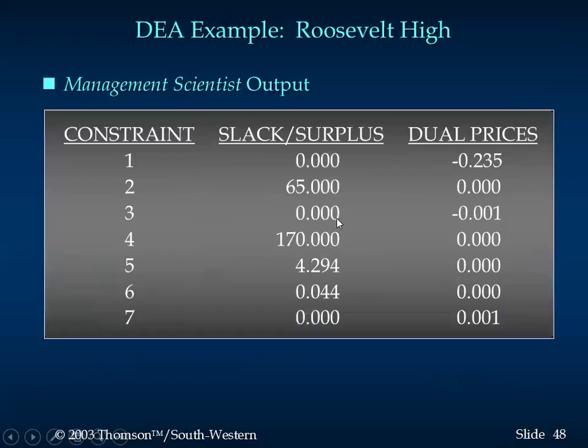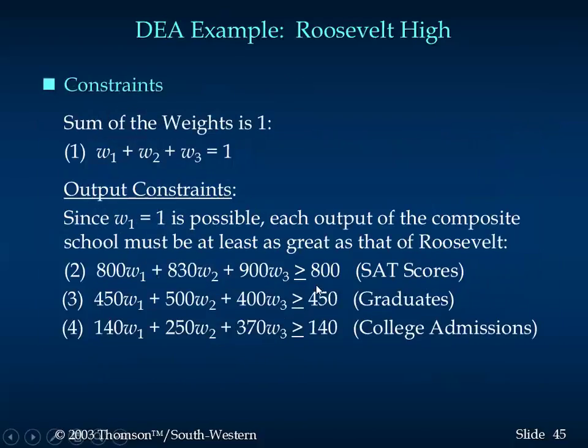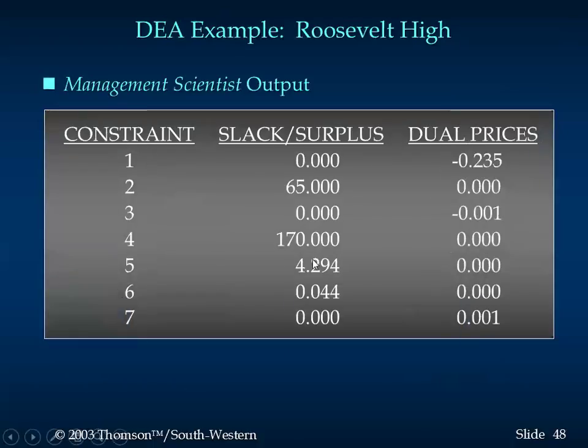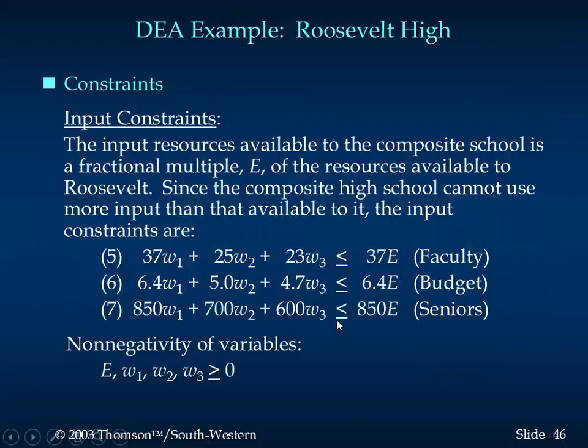Constraint number 3, rather. Which is constraint number 3? Graduates. In terms of graduates. And on this side, we have constraint number 7, which is seniors.